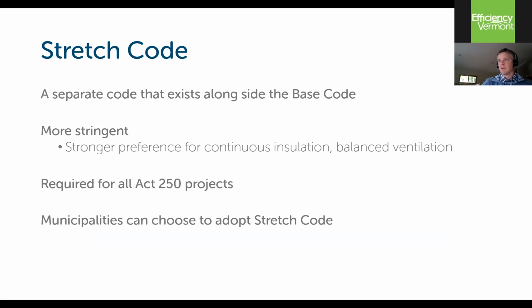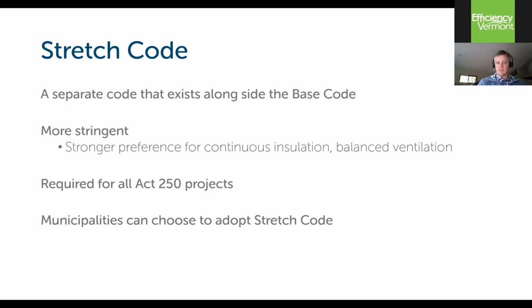Okay. So as I've been mentioning to this point, there's a stretch code as well. So the stretch code essentially is a separate code that exists alongside the base code. Stretch code is more stringent. It provides requirements for higher R values in the building. It mandates balanced heat recovery ventilation, whereas you can use just exhaust only to meet the base code.